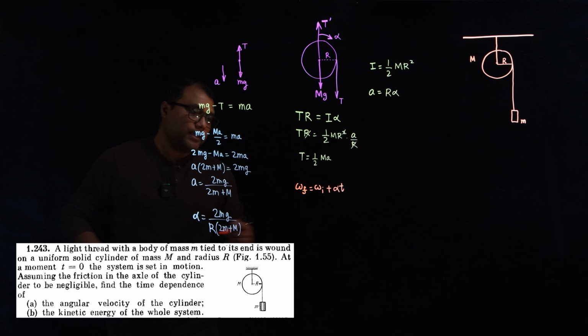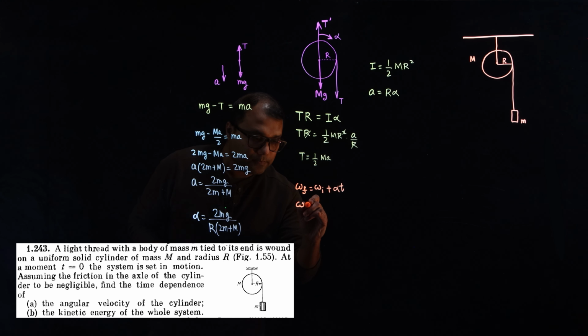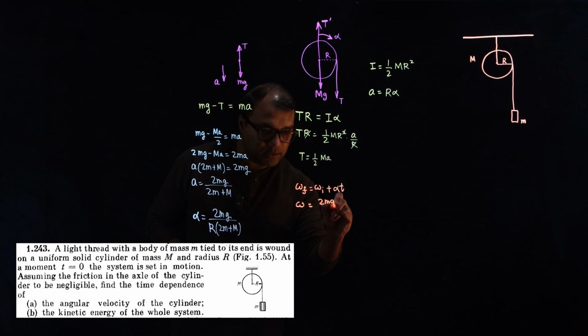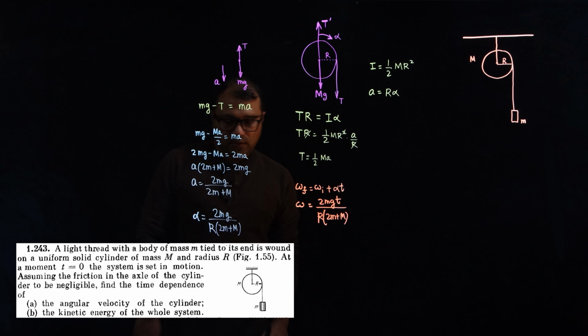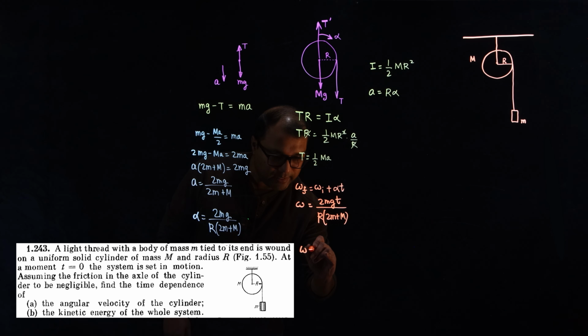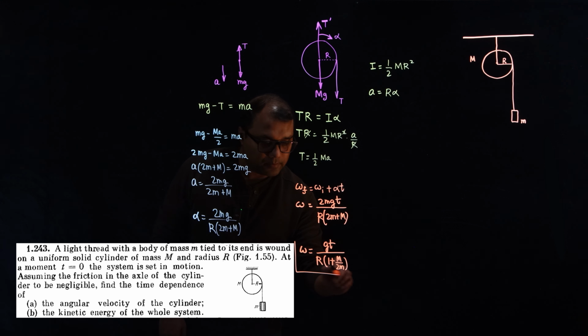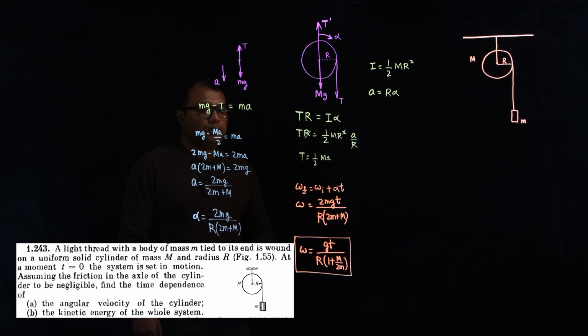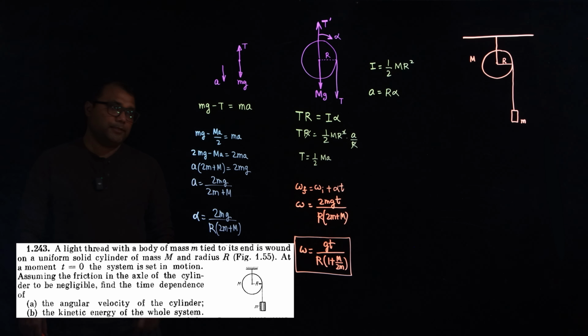Okay, so we can write omega is 0 plus alpha t, so 2mg t divided by r (2m plus M). Now we can write this a little bit more neatly. We can write gt by r times 1 plus M by 2m. Okay, so we found the time dependence of angular velocity.